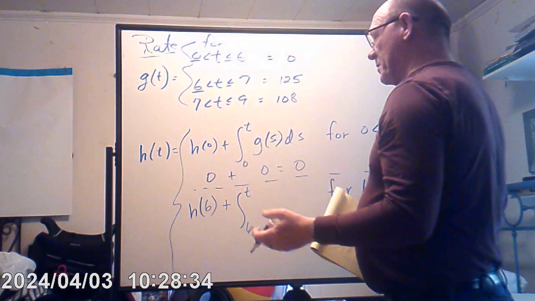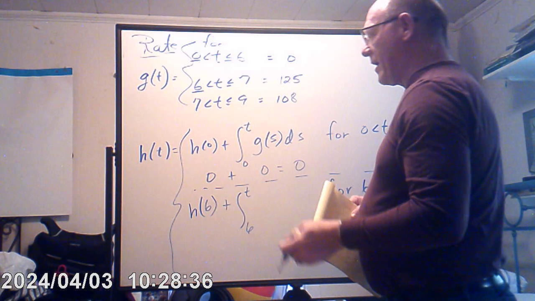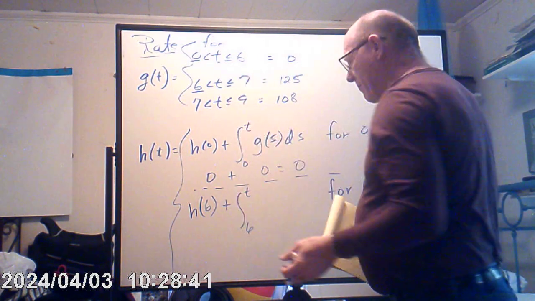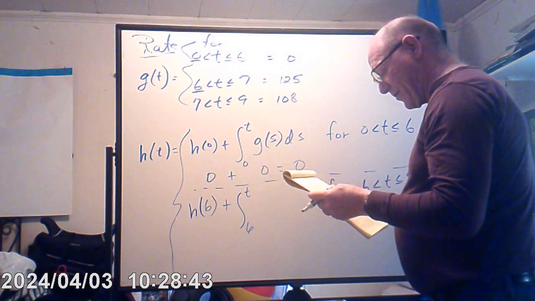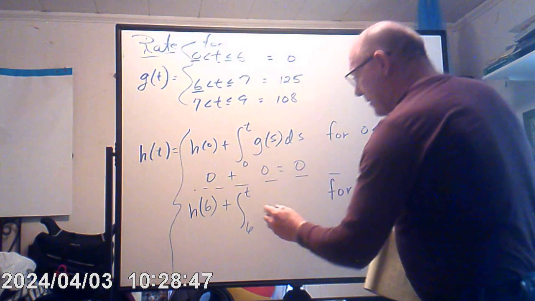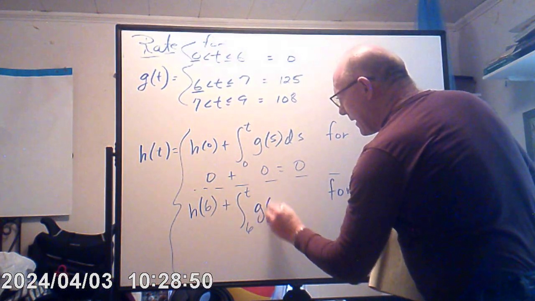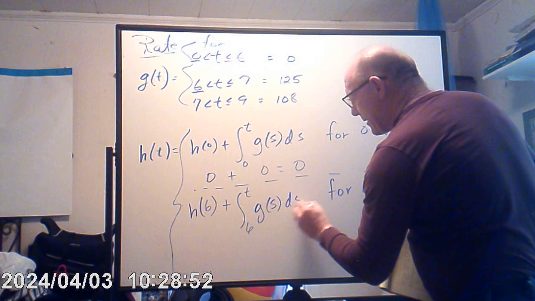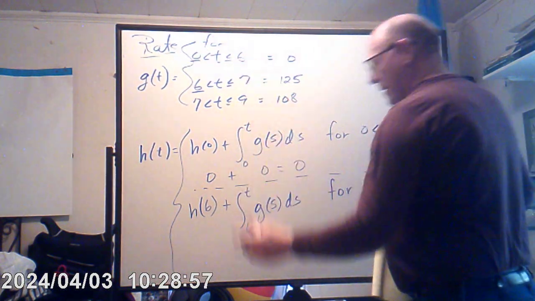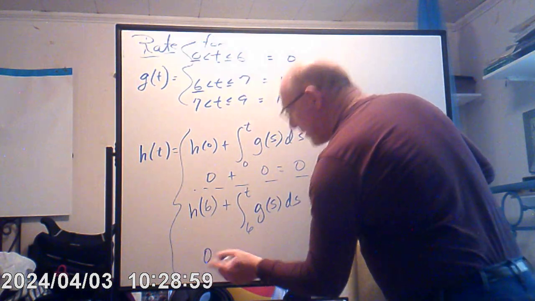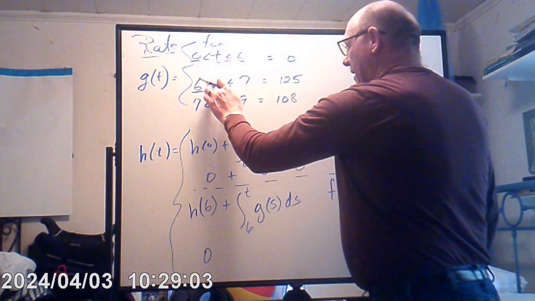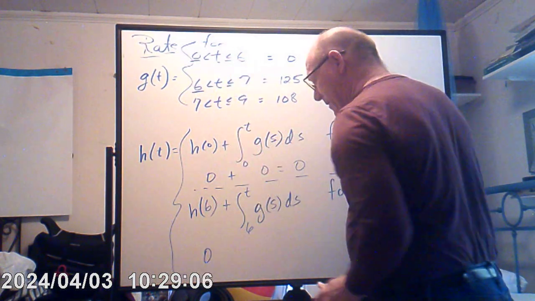This could be 6.25, 6.5, 6.9, whatever, or even 7 for that matter, but we're just going to stick with t being somewhere in between. And then again g at s ds, but again, at 6, no snow at that time, she's just started. Remember the equal sign is not associated with the 6 here.